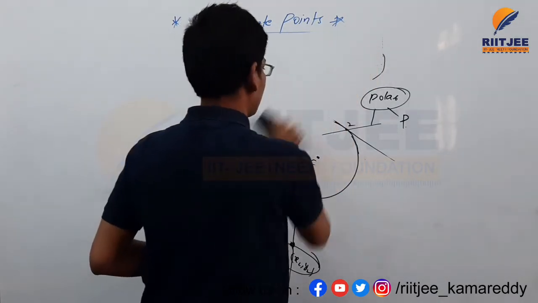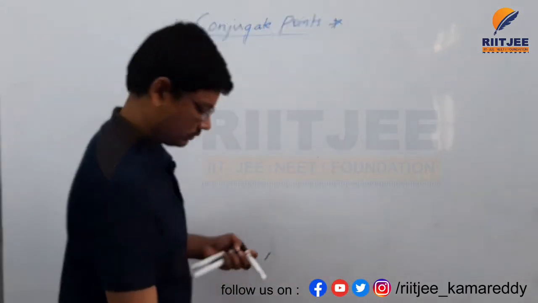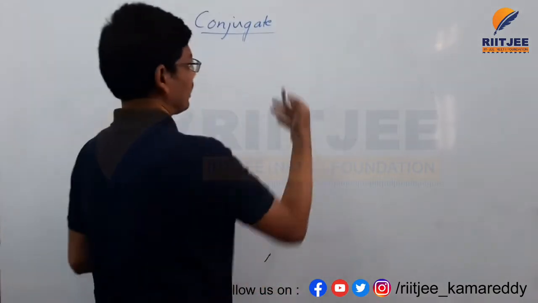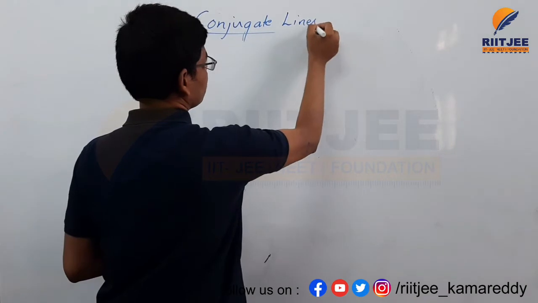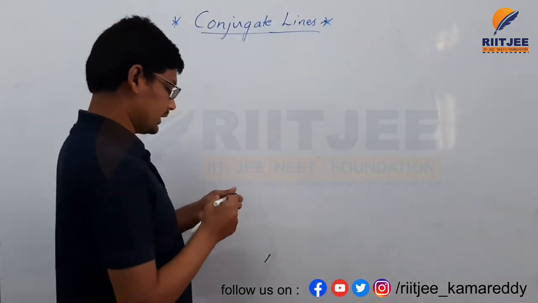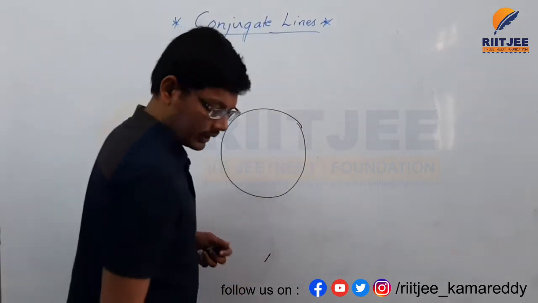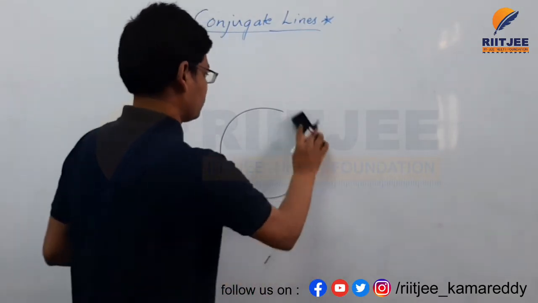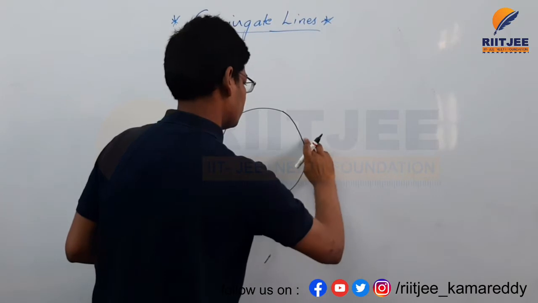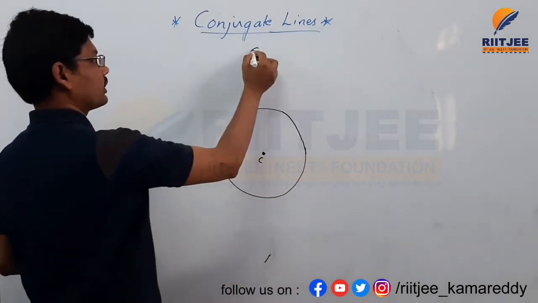What is meant by conjugate lines here? Like the previous case only, I am drawing a circle here, having center C and S equal to 0.